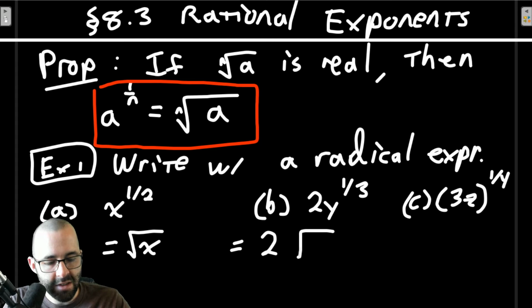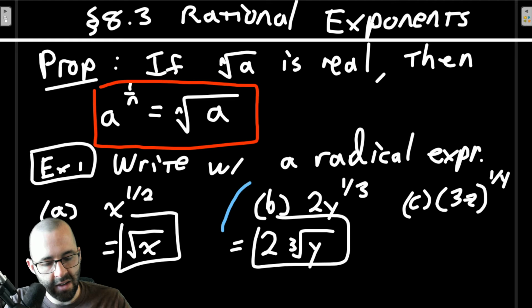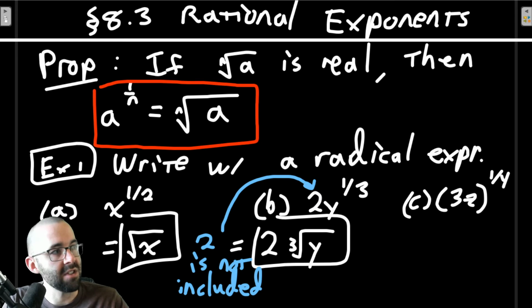Y to the 1/3 is the cube root. That's supposed to be a 3 of y. So just be very careful right here. Specifically, this 2 has no exponent. 2 is not included. Be very careful about that for this section. That's going to be the biggest, easiest mistake to make here.